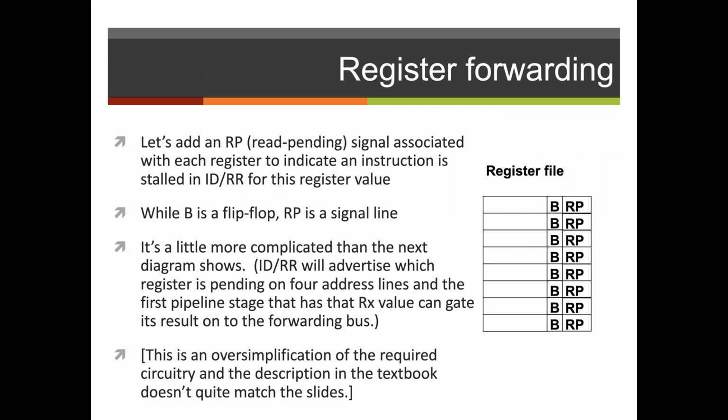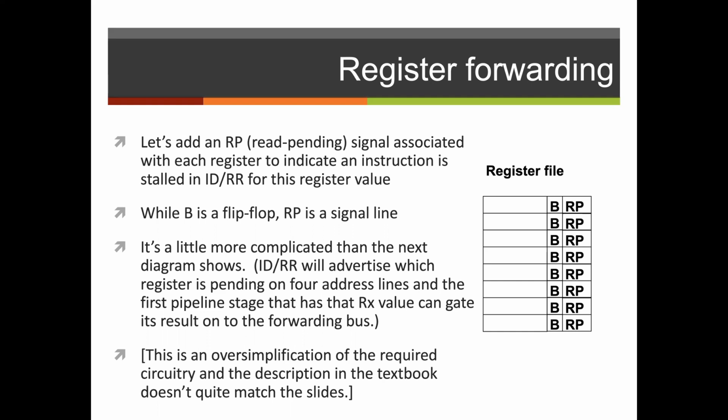And so one option that we can make use of is called a read pending signal. And this would be an additional bit that we add to our register file. And so this will allow for the IDRR stage to set the bit in the register if it wants to read.